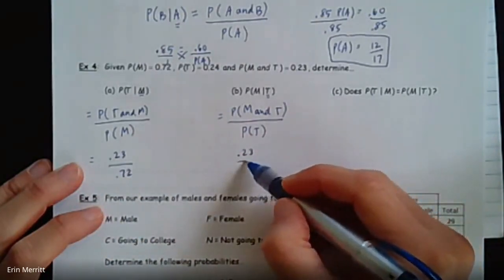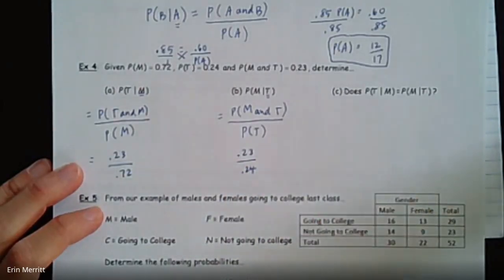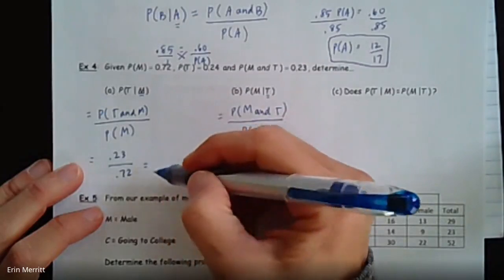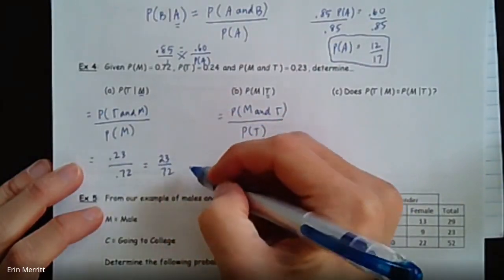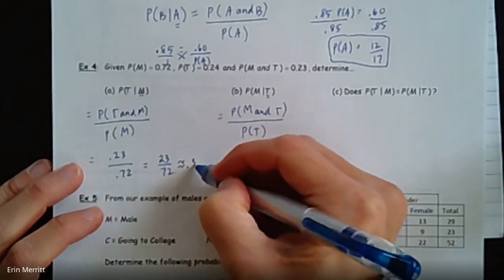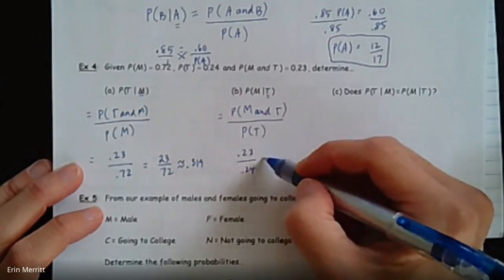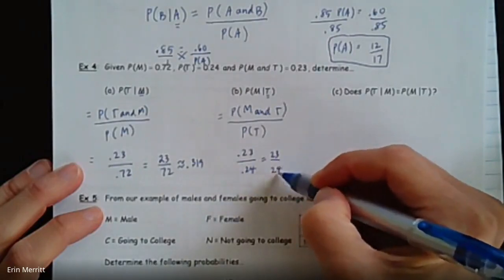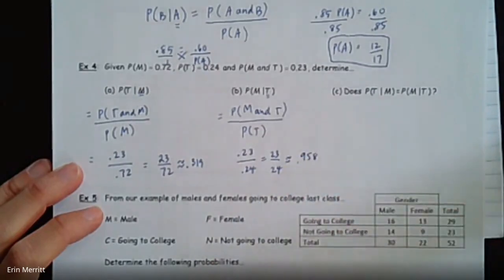The denominator of the second one is going to go 0.24. So if we actually calculate and clean these up, this one's going to come out to be 23 out of 72, but it's about 0.319, approximately. 23 out of 24, if I just move those decimal places, that's going to be about 0.958, right?